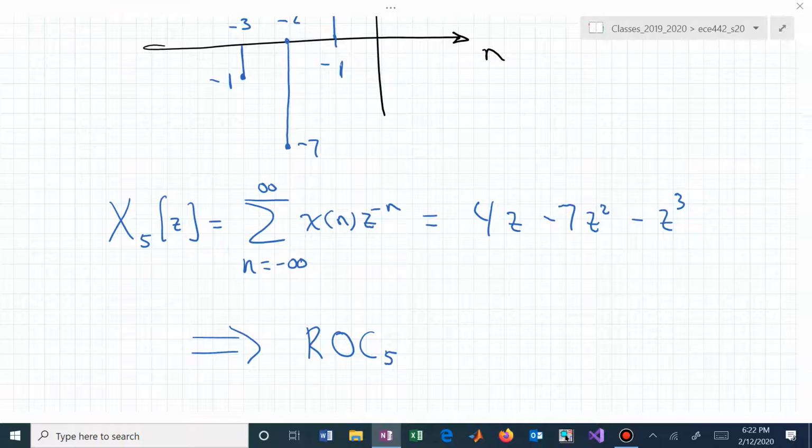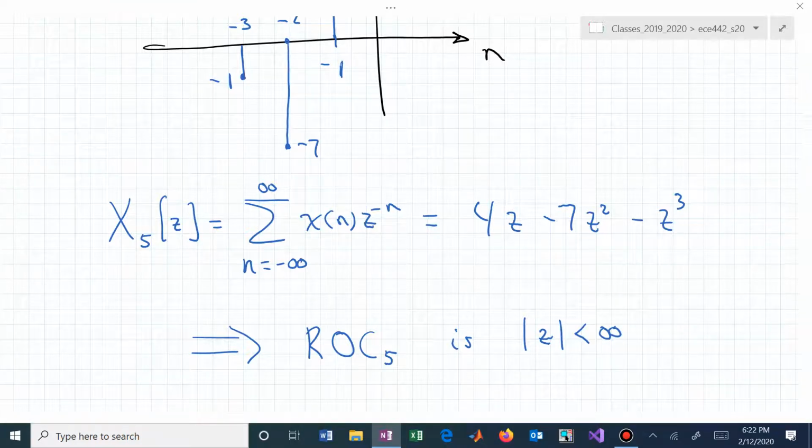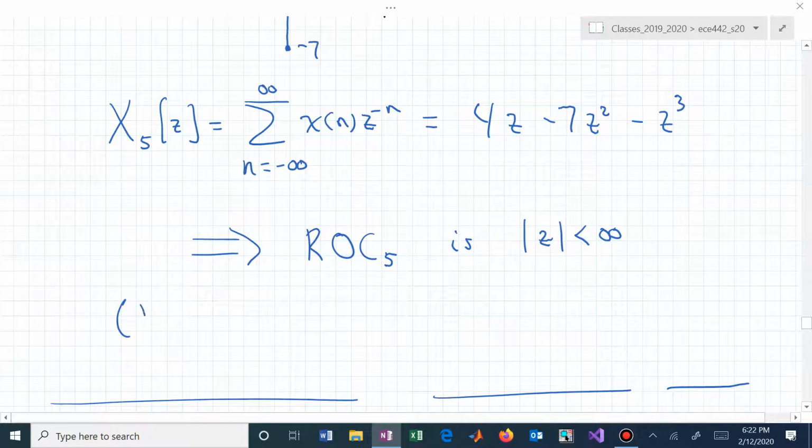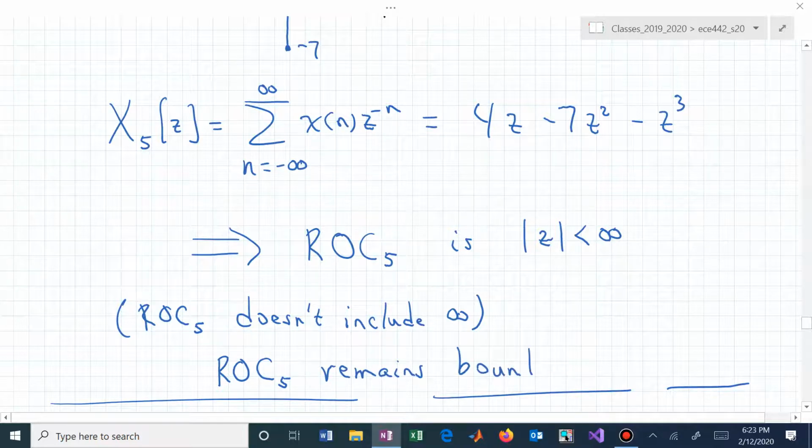So ROC sub 5, we could say, is z, the magnitude of z just needs to remain below infinity. Or ROC 5 doesn't include infinity.